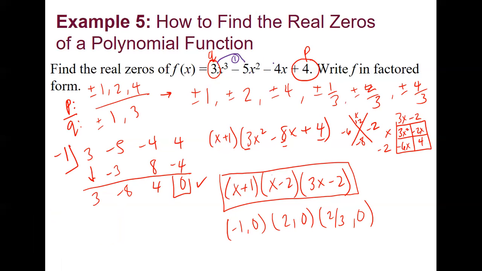That stayed. And then I went from a negative to a positive, that's a second change. Because there are two changes, that means more than likely I would have two positive zeros. And then the other one would have to be negative. So it just kind of helps you narrow down your potentials.